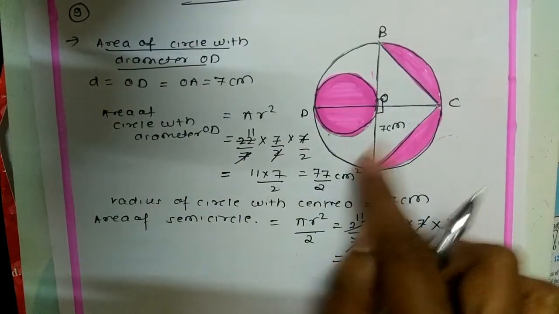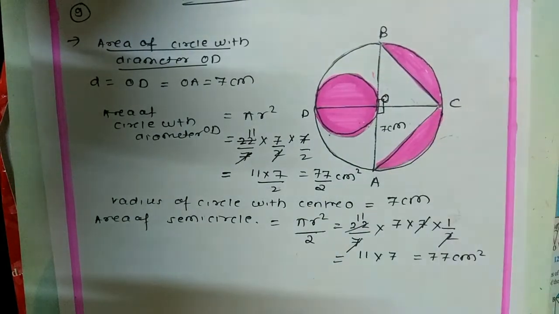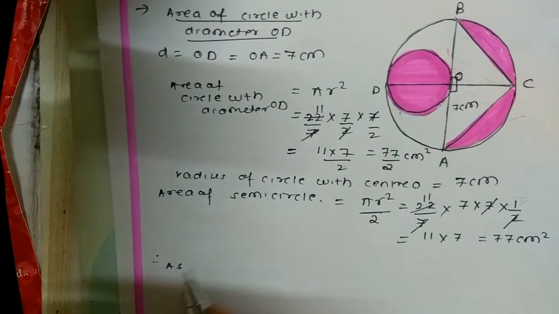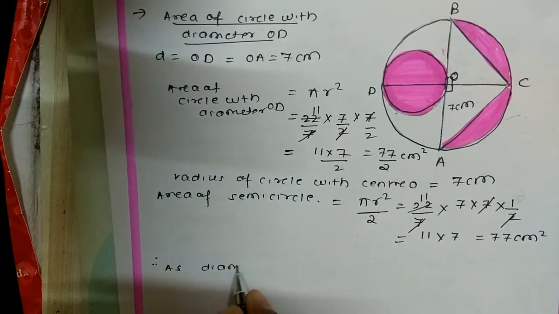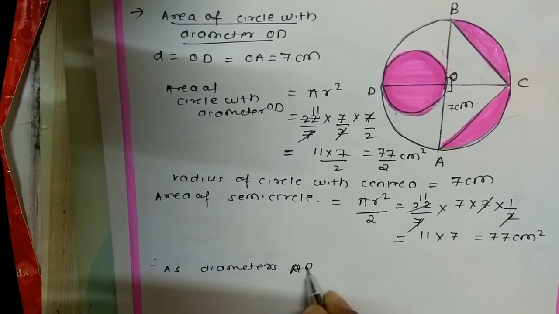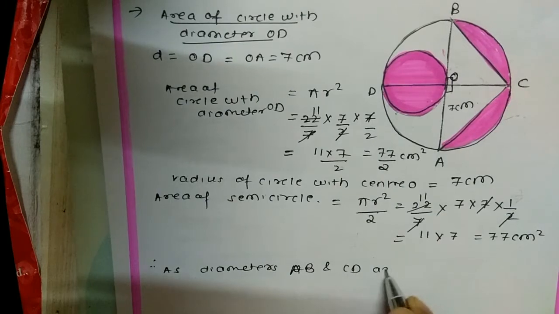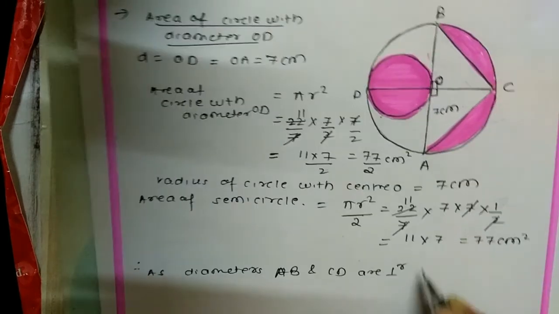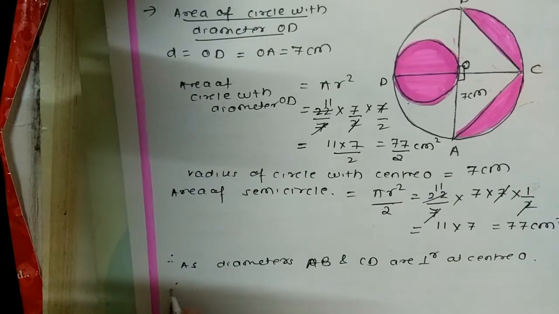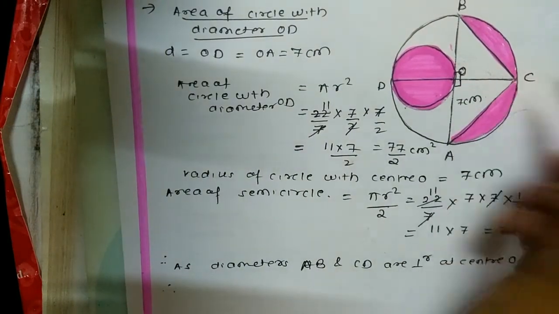From this semicircle area we have to remove the area of the triangle. As we know, diameters AB and CD are perpendicular at center O. Therefore, perpendicular, so this will give the height.